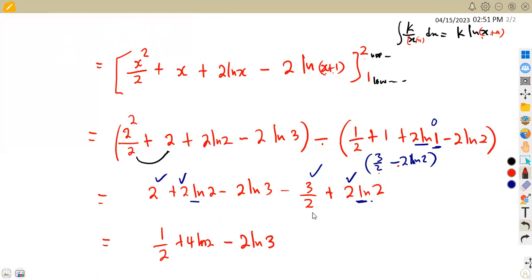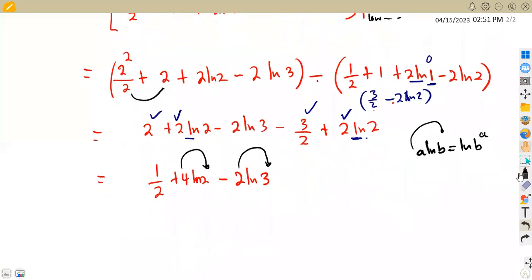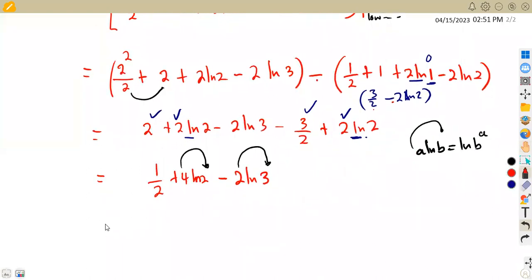So you can leave your answer like this, or you can combine this. Remember from your laws of logarithms that if you are given a ln b, in this case, you can raise b to the exponent of a. So you can raise the 2 to the exponent of 4, and the 3 to the exponent of 2. So that means this can give us, in this case, let's see what you're going to have.